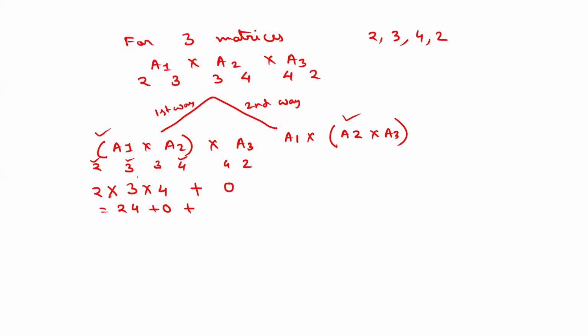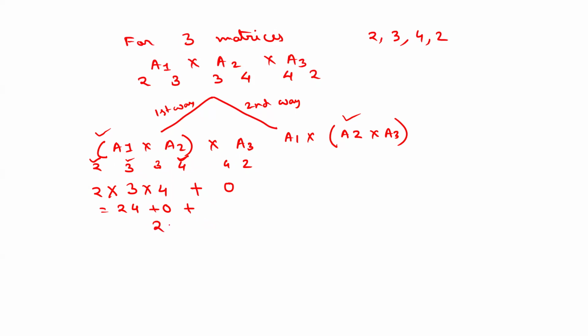And what is the dimension of the resultant matrix? That is 2 cross 4. The dimension of the resultant matrix is the rows of the first matrix and the columns of the second matrix. Okay. And 2 cross 4 is multiplied with 4 cross 2. So what is the number of multiplications?